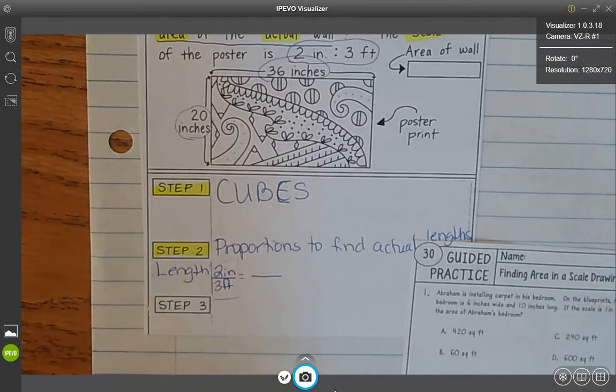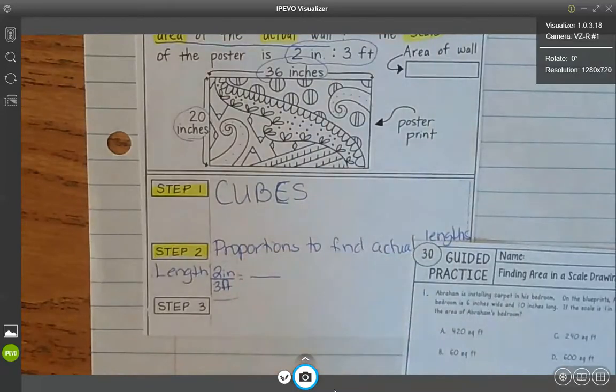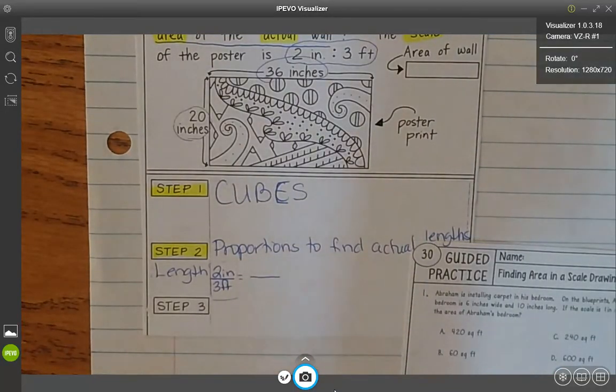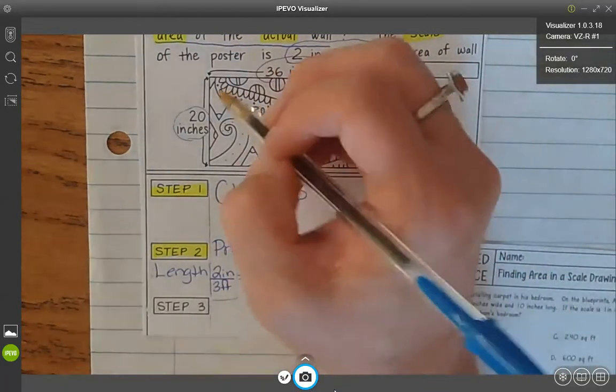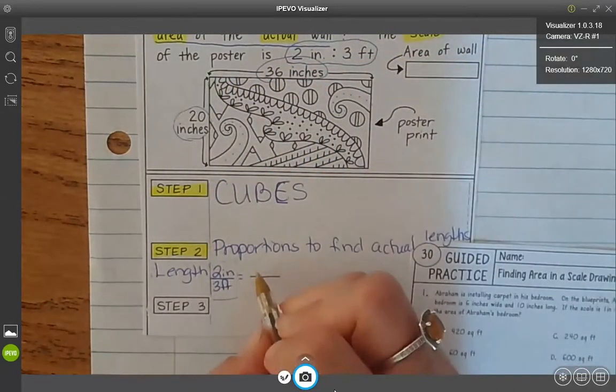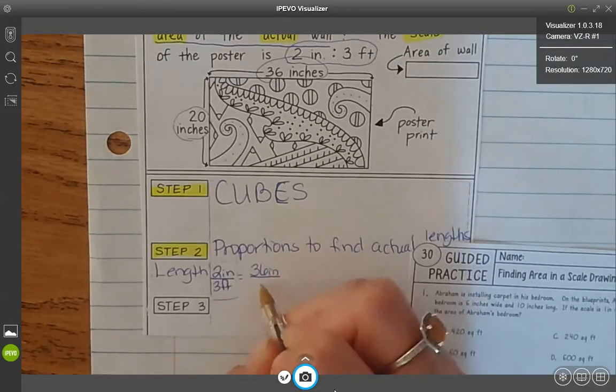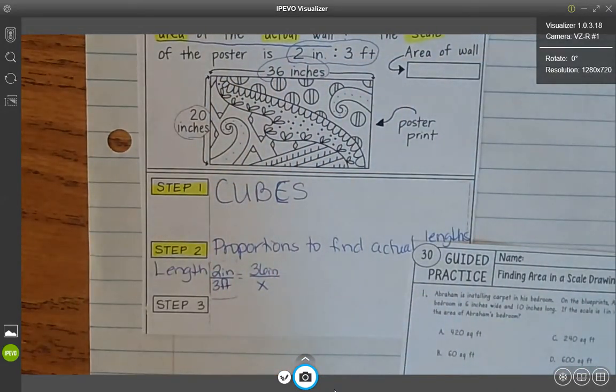So if I'm looking at length, is that 20 inches or 36 inches? This is width. This is length. So 36. So I need to solve for this. Solve your proportion.